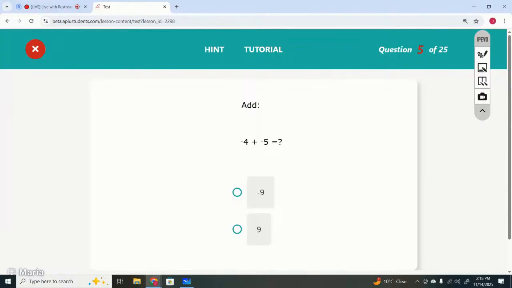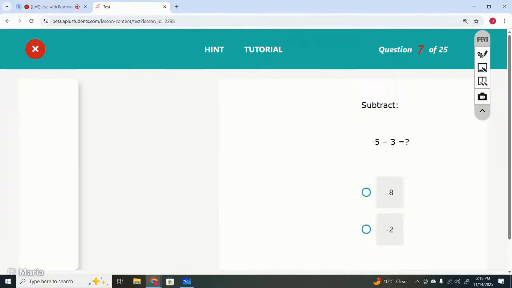-4 plus -5. Adding two negative numbers means we need to collect them. That would be -9. -3 and +3 makes 0.